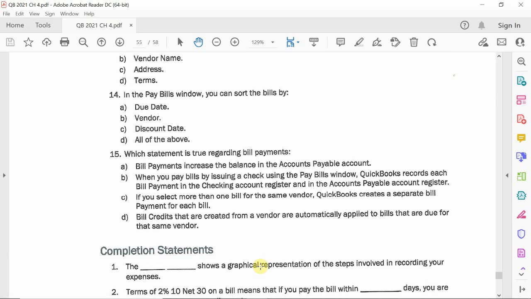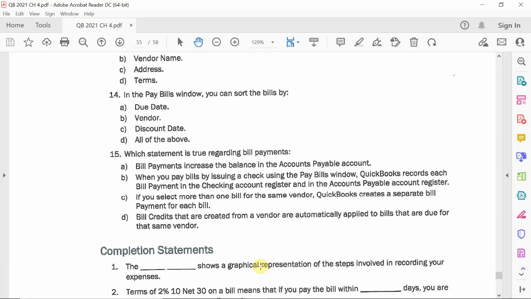If you select more than one bill for the same vendor, QuickBooks creates a separate bill payment for each bill. Okay, so in this case, let's take a look. No, it does not create a separate bill payment, right? Because in this case, yes, you can select multiple bills and pay them off with one check.